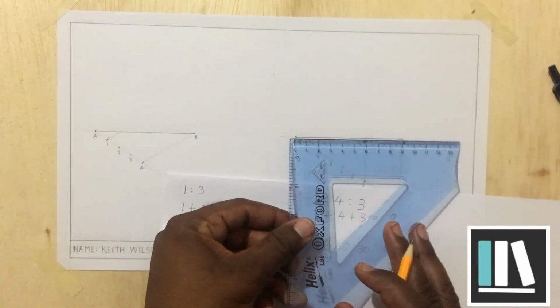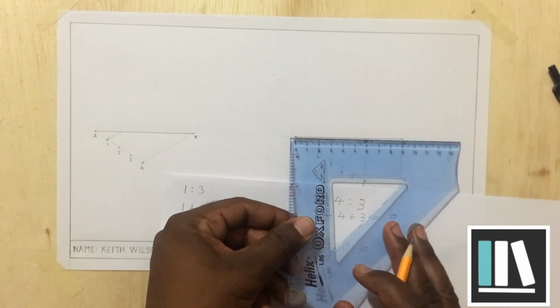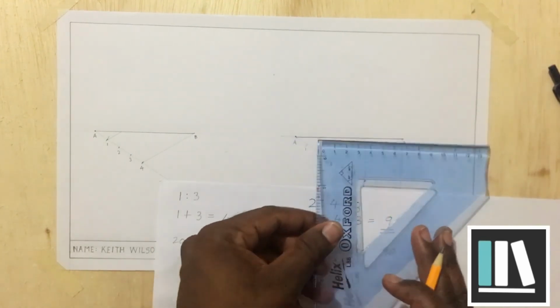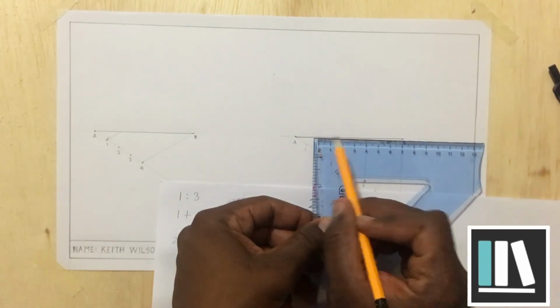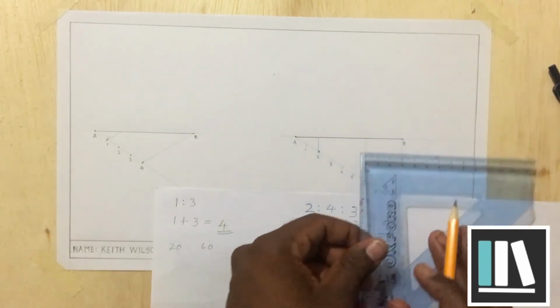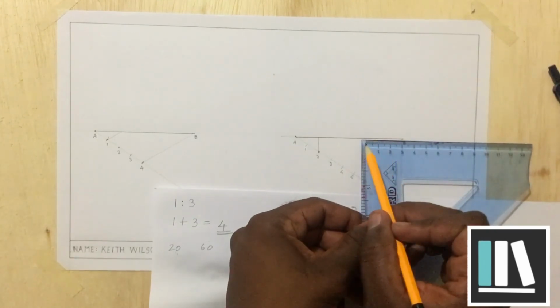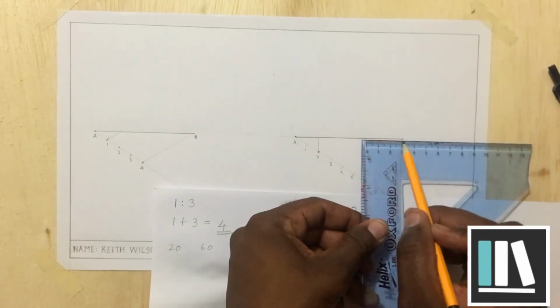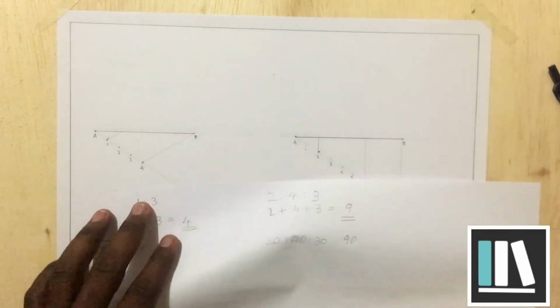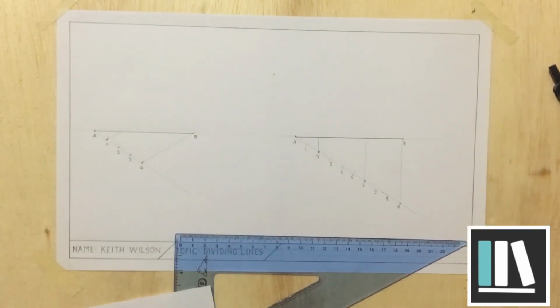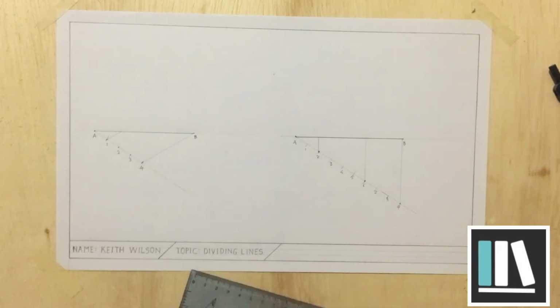From A to the first division is 2, or 20 millimeters. From the first division to the second division is 4, and from the second division to the third division is 3. So we have accurately divided a line in a ratio.